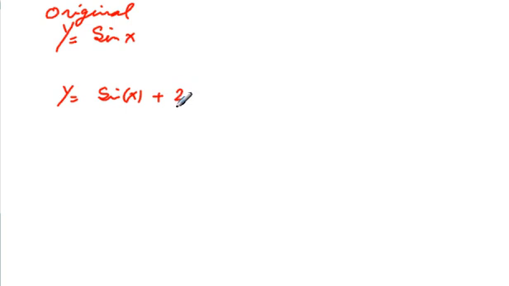And to avoid confusion as to what the 2 is doing, I might sometimes write it like this so that you don't misread it. X is being fed to the sine. After that is all finished, then you are adding 2 to it, as opposed to adding 2 to x first. So what is that going to do?